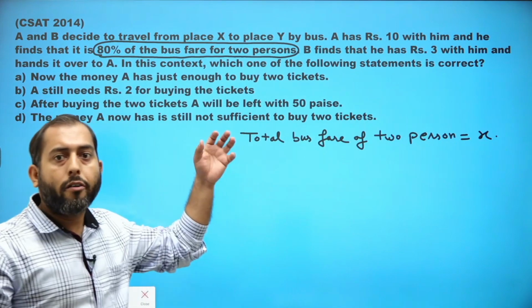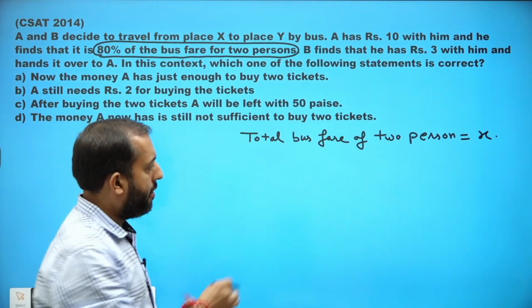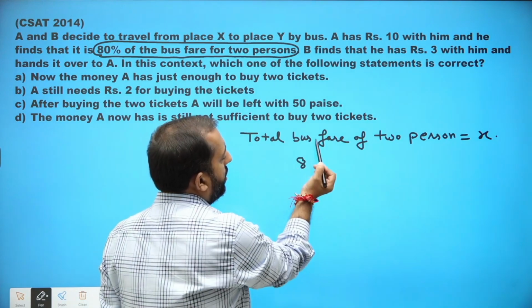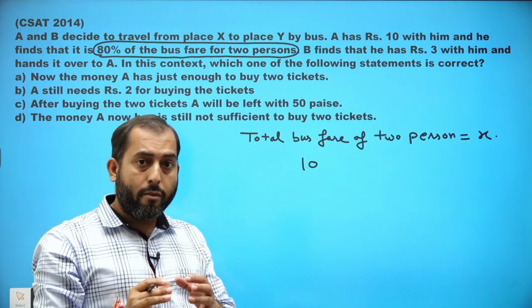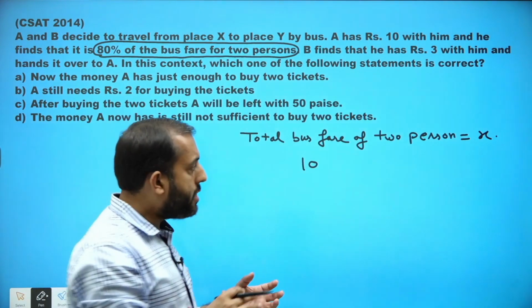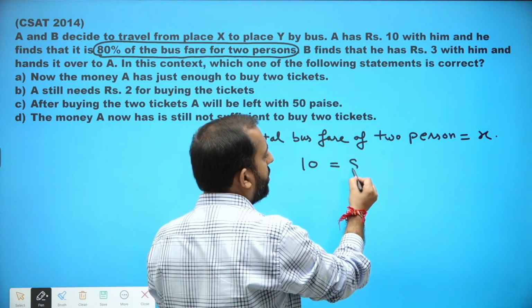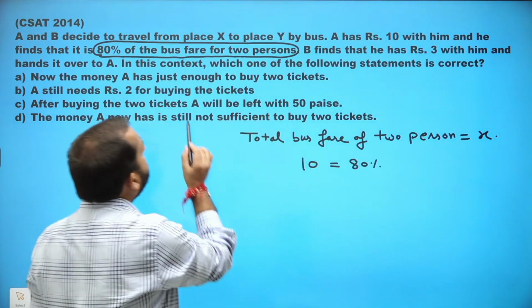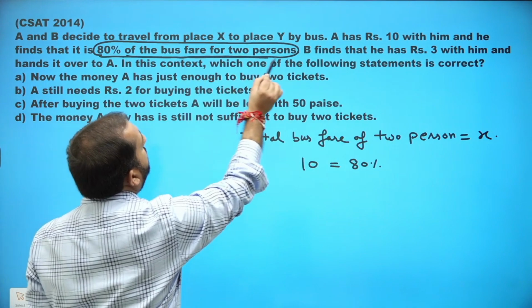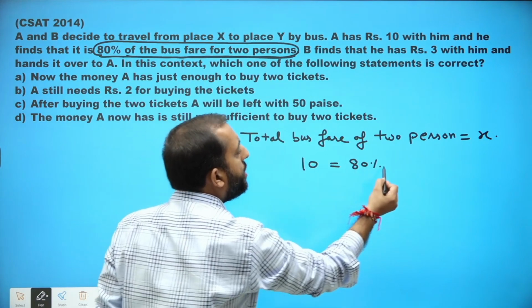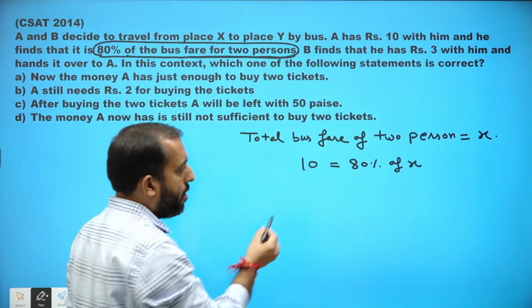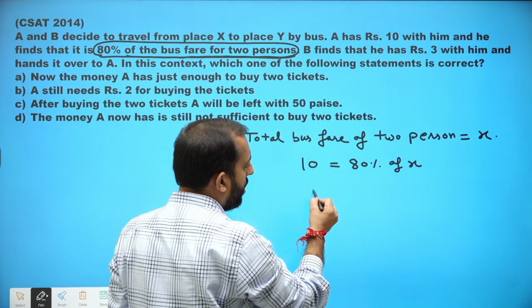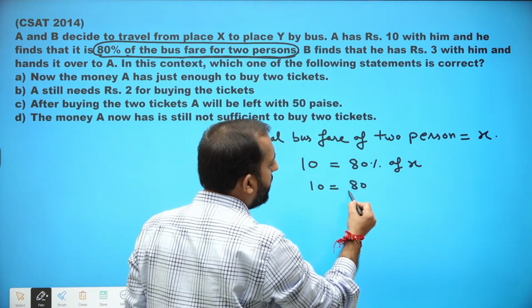Then what can we draw from the second line? The amount of money that A is having with him, which is 10, is only 80% of the bus fare of the two persons, which means 80% of X. If we solve this, it comes out to be 10 into 80 by 100.